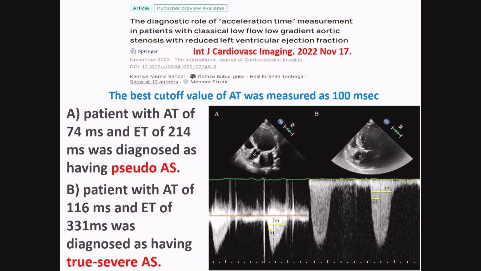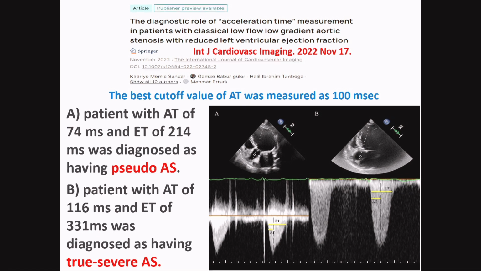Now we move forward to other parameters, and this is in November 2022. The importance here is shown of getting the acceleration time. Sometimes we forget to measure the acceleration time, and this is quite helpful in differentiating patients having pseudo-aortic stenosis from true severe aortic stenosis in patients with low flow gradient aortic stenosis.